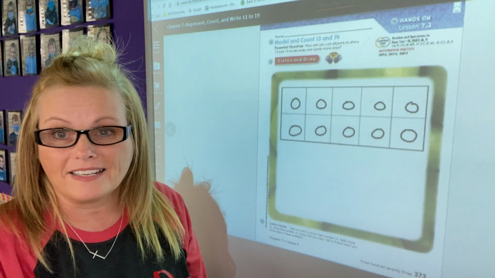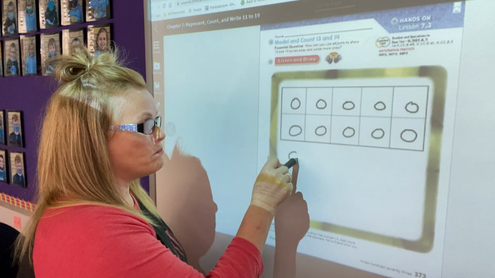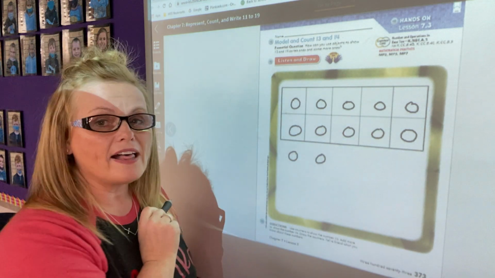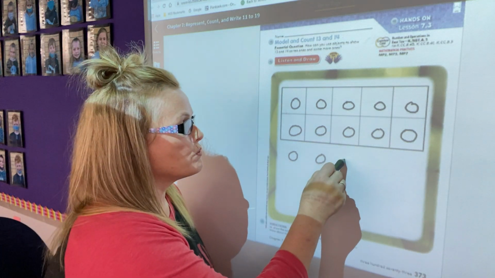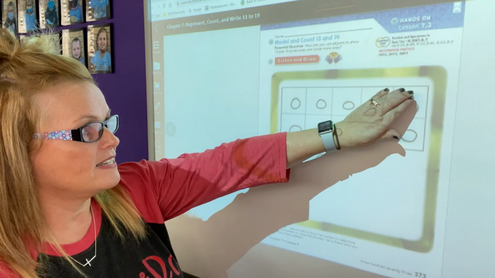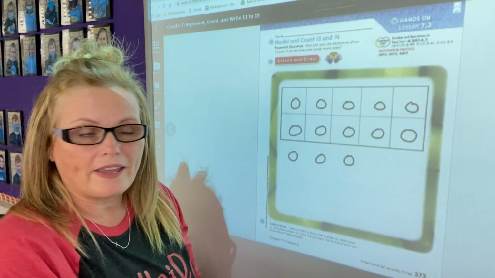So there's 10. We need to get up to 13. So we would add 1 more for 11, 2 more for 12, and 3 for 13. So now we can count 10, 11, 12, 13. That's a quicker way of doing it.